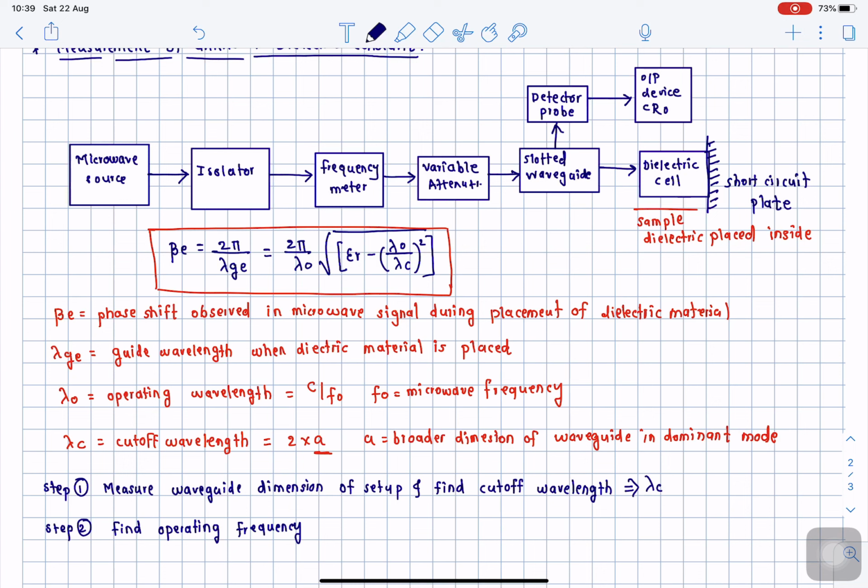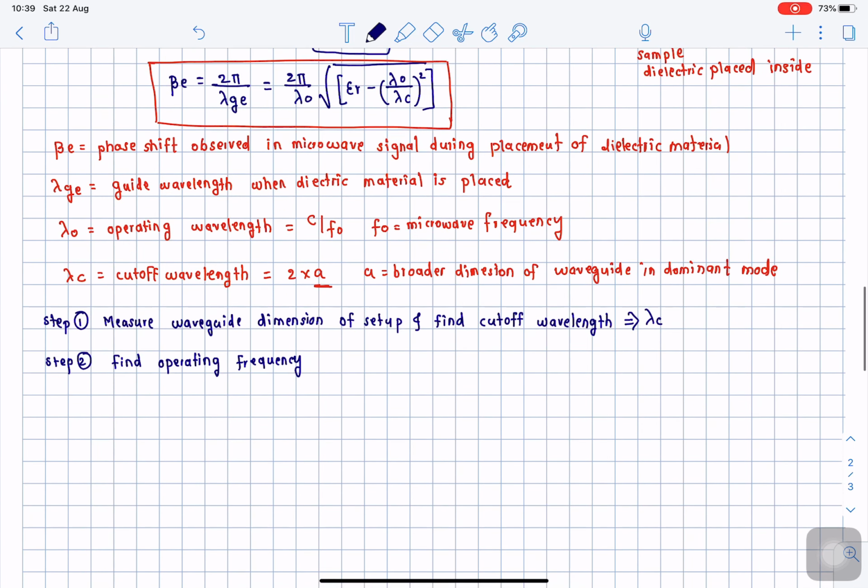Then we rotate the frequency meter to observe the dip or reduction in the output of the CRO. Once we get the dip, we stop rotating the frequency meter and read out the resonating frequency, or the operating frequency, directly from it. So find the operating frequency as usual by the method of measurement of unknown frequency.